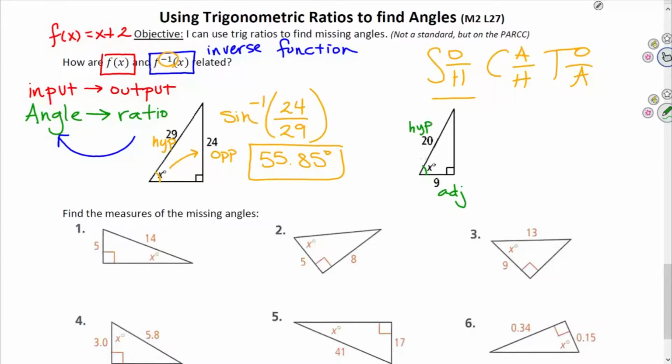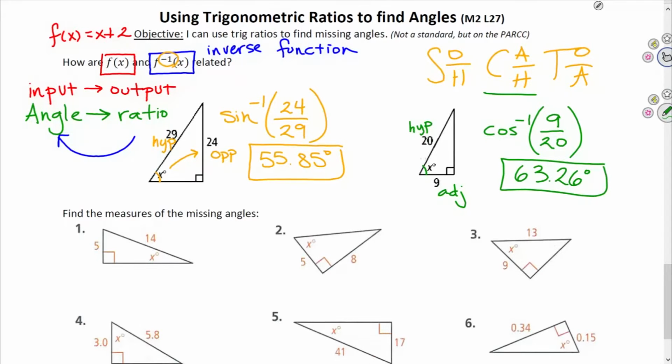So the ratio that I know this time is the cosine ratio, adjacent over hypotenuse, and that cosine ratio is 9 over 20. I'm going to use the inverse cosine function, which is written cos negative 1. The inverse cosine of 9 over 20 is 63.26 degrees, and that's the angle that has a cosine ratio of 9/20.